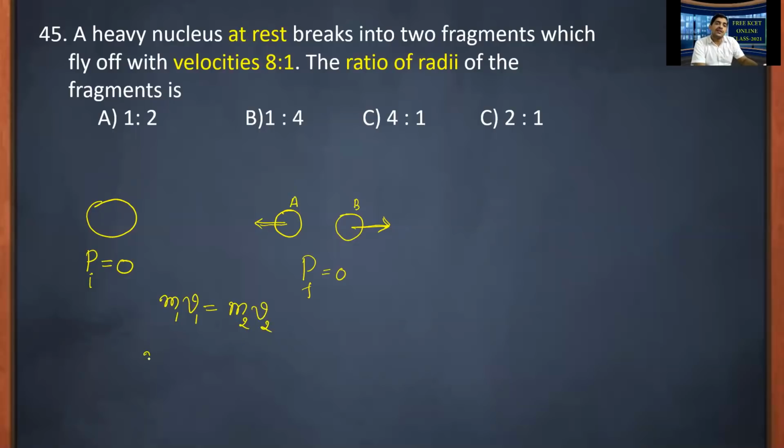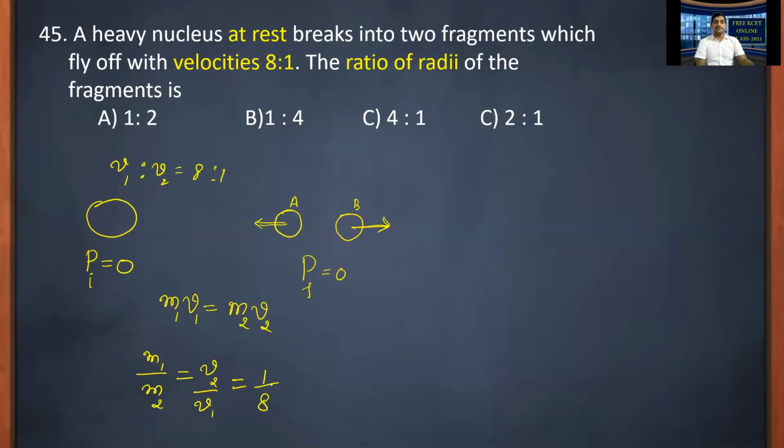Now, what is m1 by m2? m1 by m2 will be equal to v2 by v1. It is given that the fragments fly off with velocities in the ratio 8:1, so v1 is to v2 is equal to 8:1. So v2 by v1 is 1 by 8.